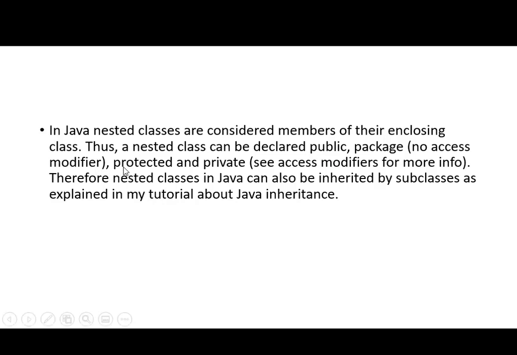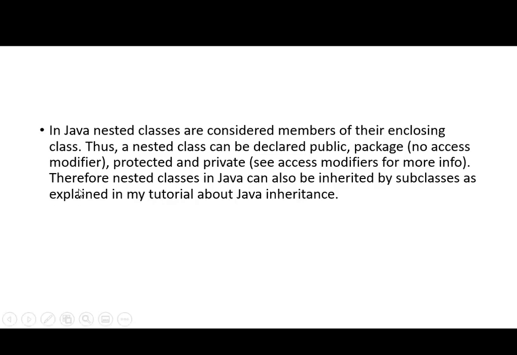If it is declared as protected, only those classes which inherit from this class will be able to access the nested class. If it is declared as private, it cannot be accessed directly by any other class. We're going to discuss these when we take an example.